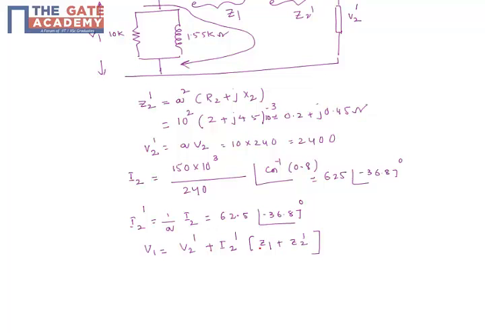All the values are known. The only thing you have to do here is consider this 2400 as the reference. This is 0 degrees and the remaining values are the same.